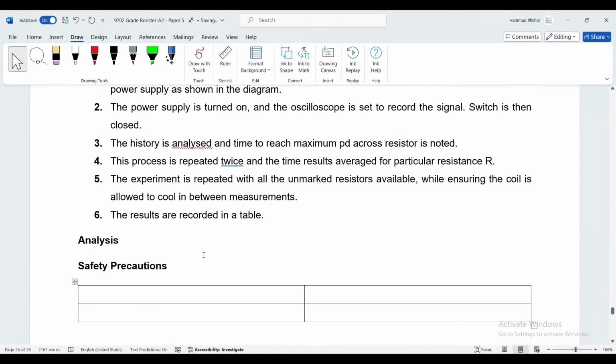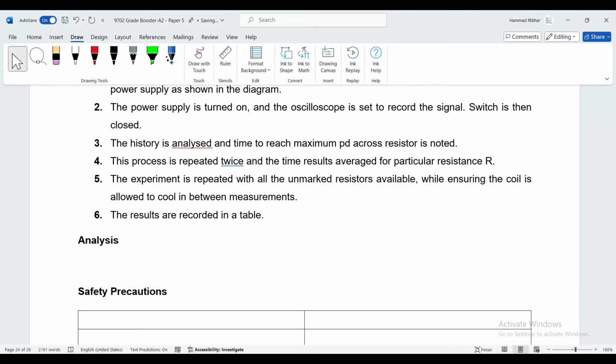Now we have to talk about how the table can be made. The table could be drawn or made as follows.